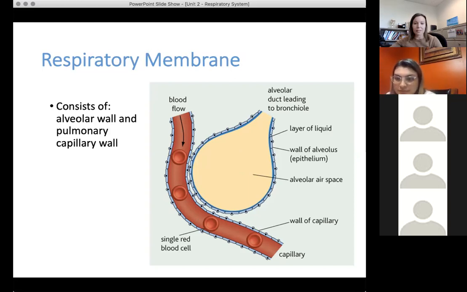And that membrane consists of two parts. It just consists of the wall of the alveolus and the wall of the capillary.